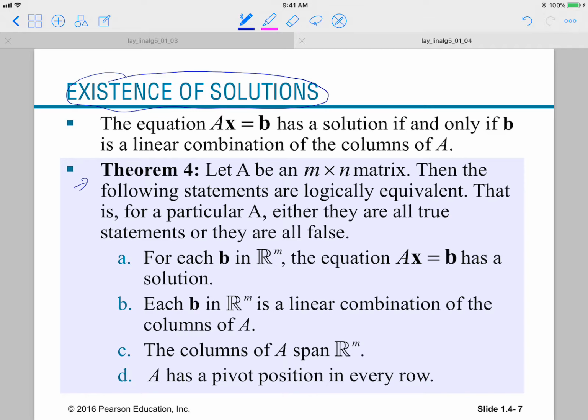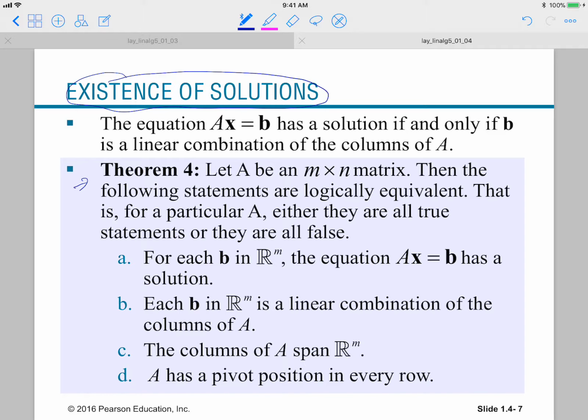So let's recall when our linear system has the solution or not. Previously, when thinking about the position of the pivots, again, the pivot is the leading entry, or the first non-zero entry in each row.